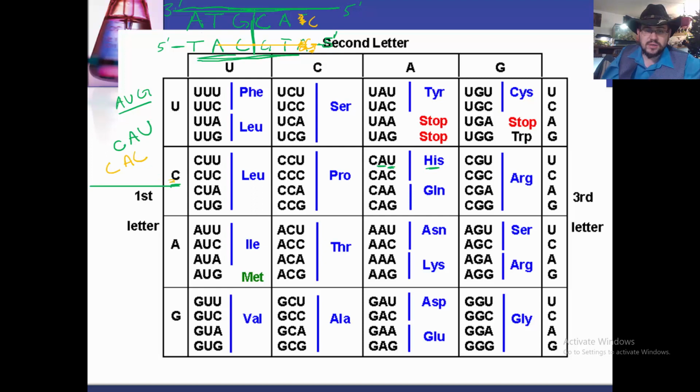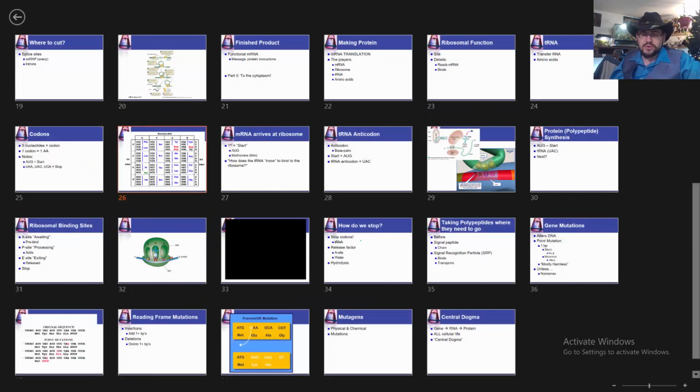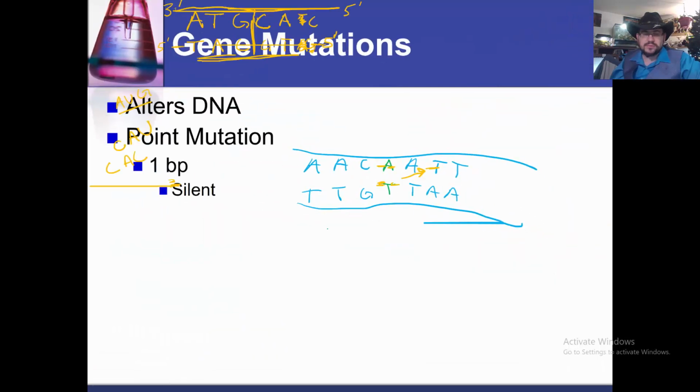So C, A, C. Well, what do you know? Histidine. So this point mutation produced no change in expression. So it is a silent mutation, a silent mutation because it did not produce a change.